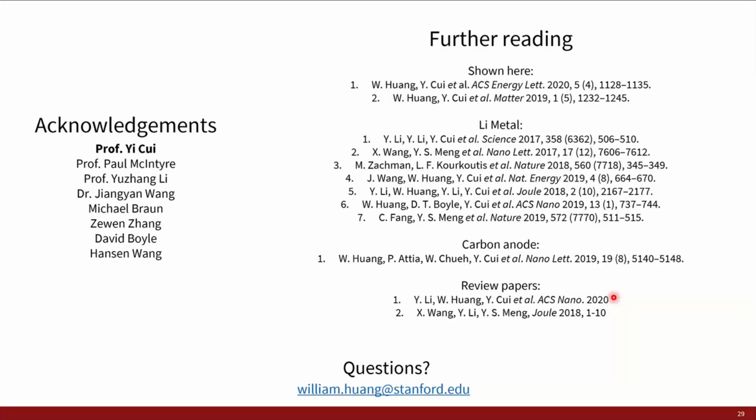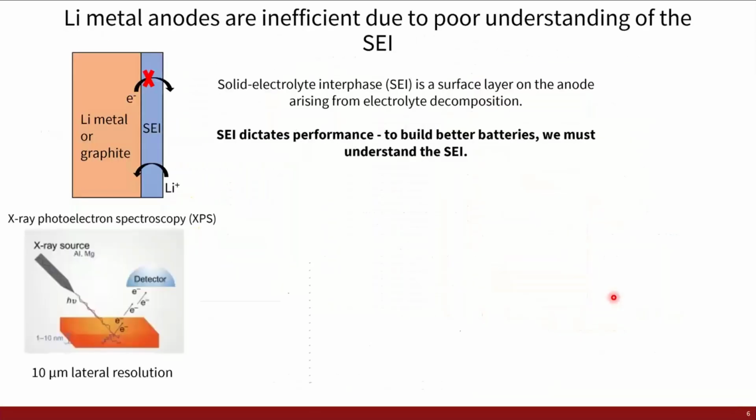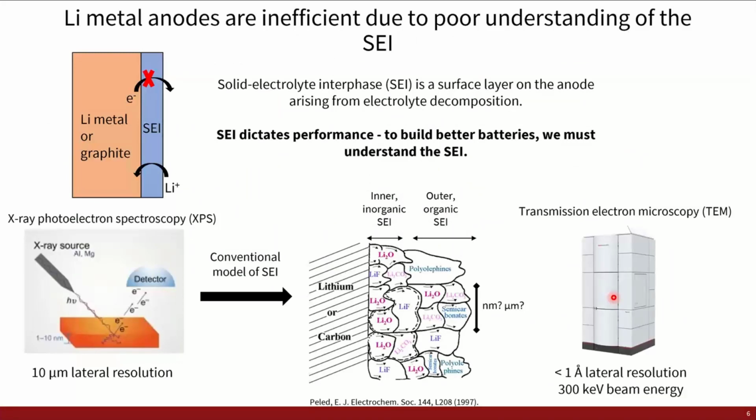So that also brings us back to what I was talking about earlier, the use of XPS as the standard tool within the battery characterization field. Most people do use XPS for characterization of the SEI within battery science. It can get you pretty good information, but from what we showed here, it's not really giving you the correct structure.